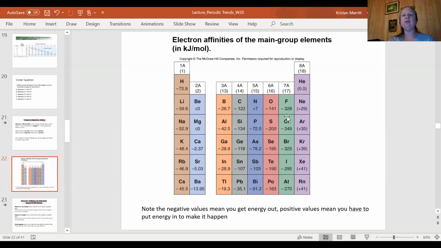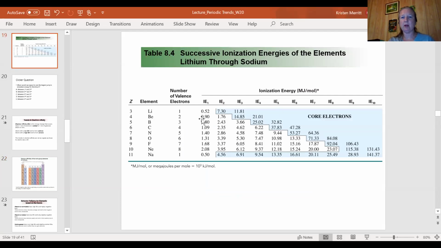So affinity is generally given with a positive or a negative sign, and that refers to the energy released or forced. Ionization energy is always with a positive sign. There is always energy required to remove an electron, but sometimes it's very, very low, and it's made up by the new situation.